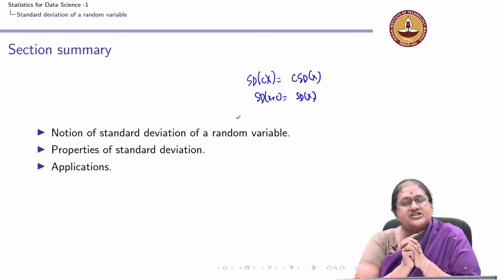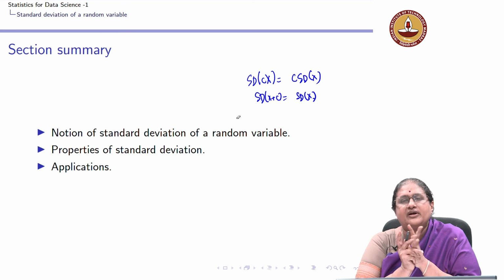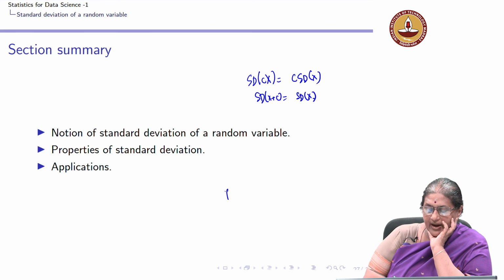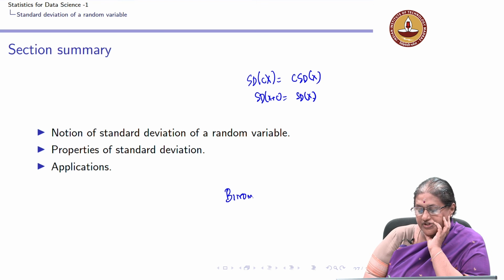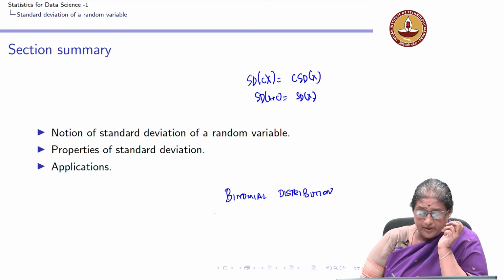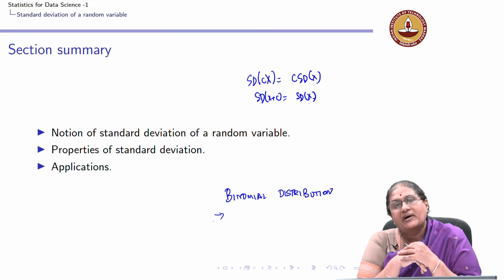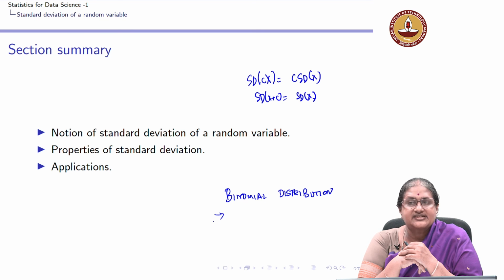The next thing which we are going to look at is a very special and specific random variable which is called the binomial distribution. So again we will start by looking at instances where a binomial distribution makes sense.